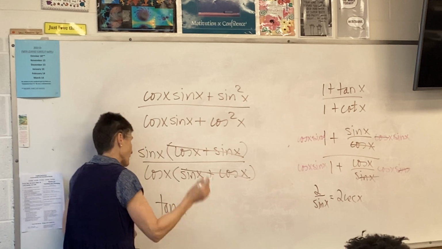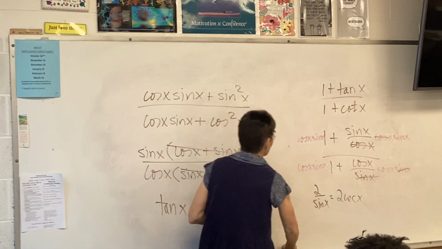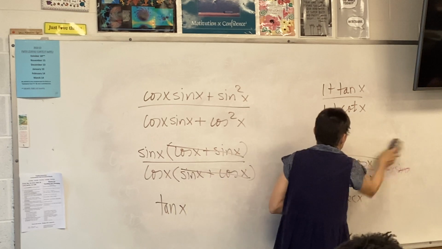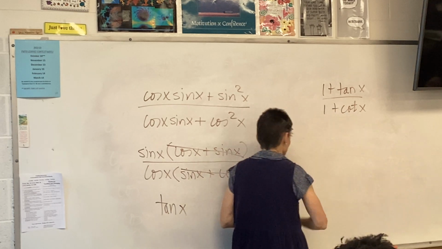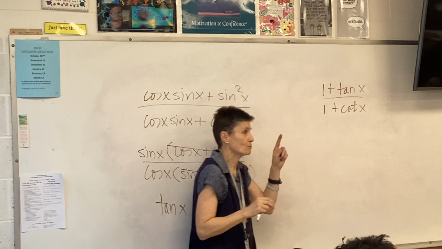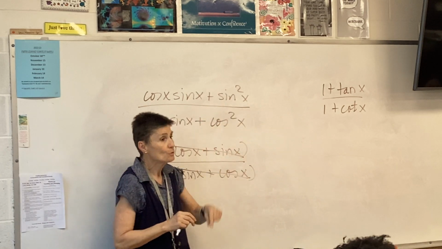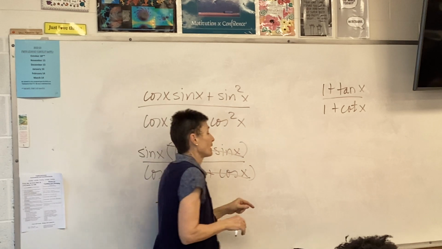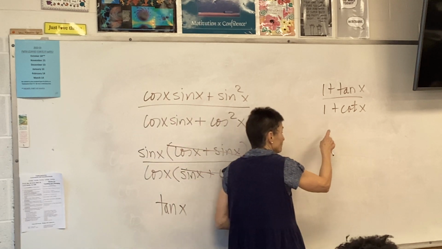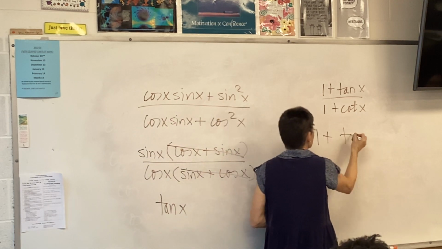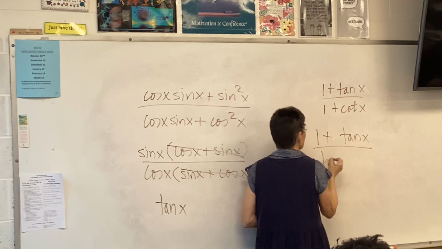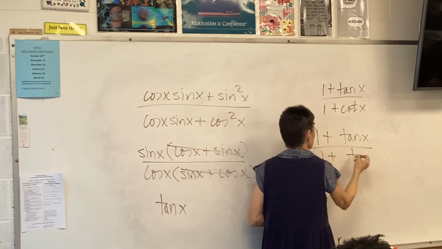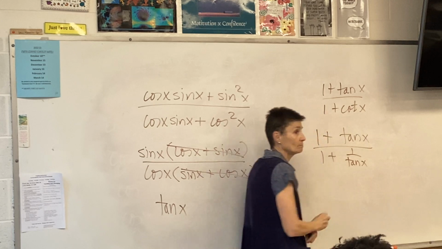Now, I really don't have time to do this, but I want to go back and look at this problem from a different viewpoint, because I want you to understand you can always do the problem lots of different ways. So if I go back to the beginning, another way to think about the problem would be to think about cotangent as 1 over tangent.